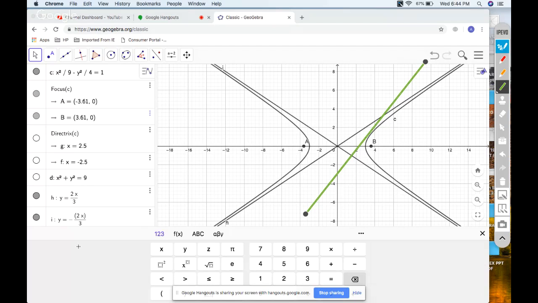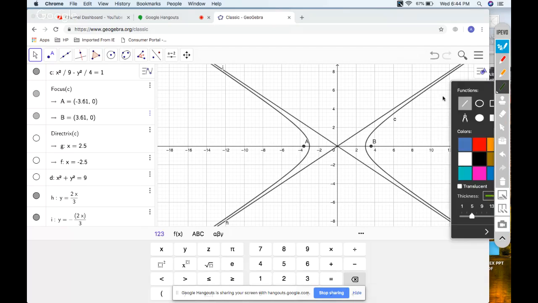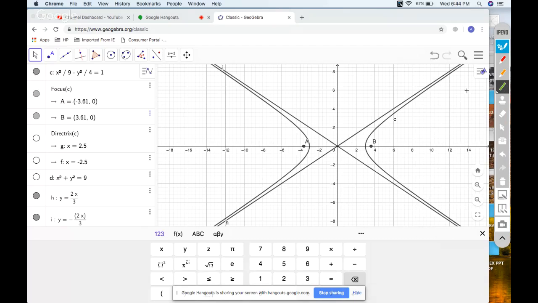Are you getting this point? But if you try to take a line with a slope like this, no matter wherever you shift, it will end up cutting the hyperbola.